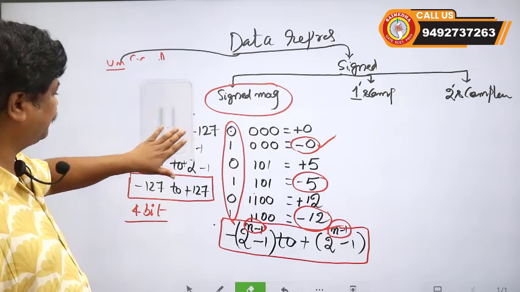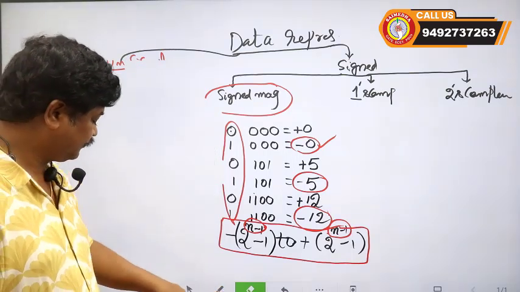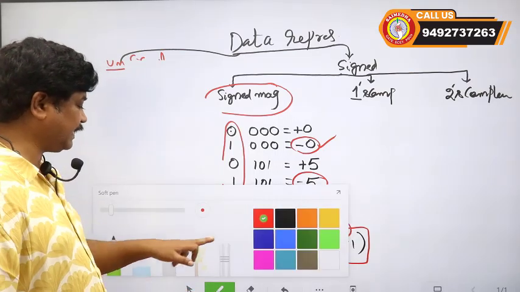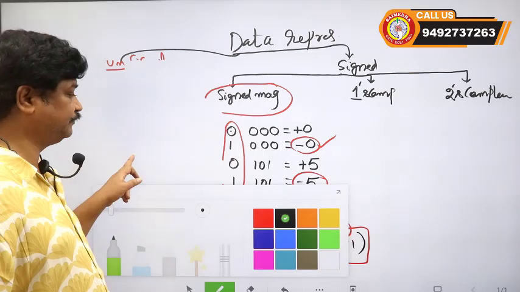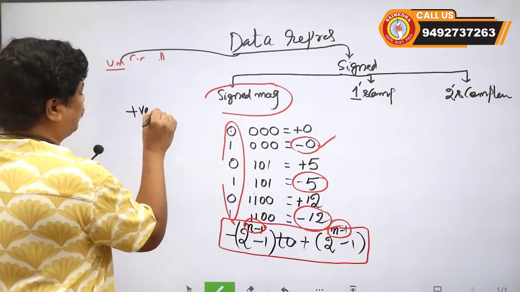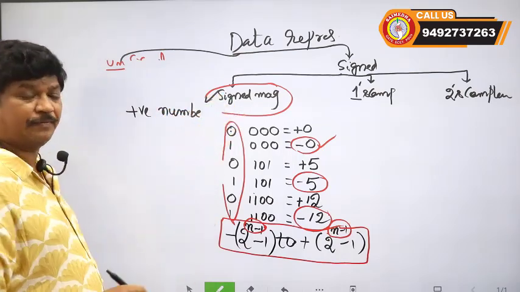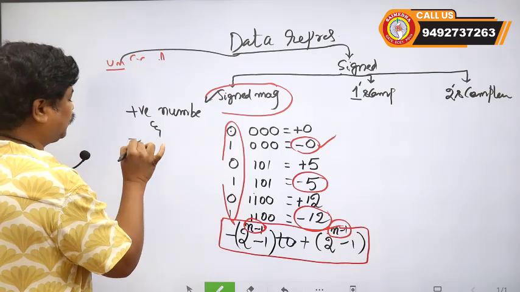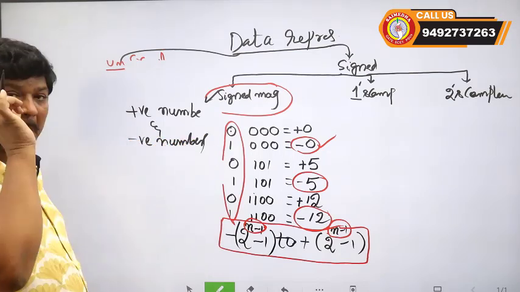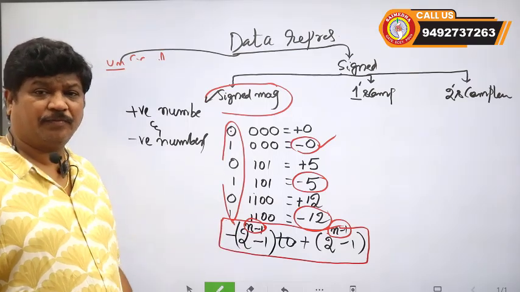In this case, we can represent positive numbers as well as negative numbers. I am talking about sign magnitude. Both are possible. The range formula I already told you.